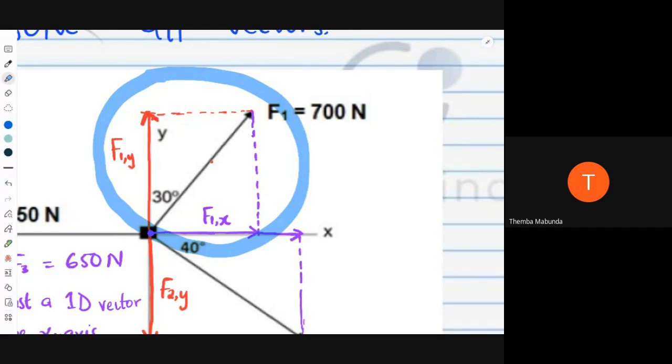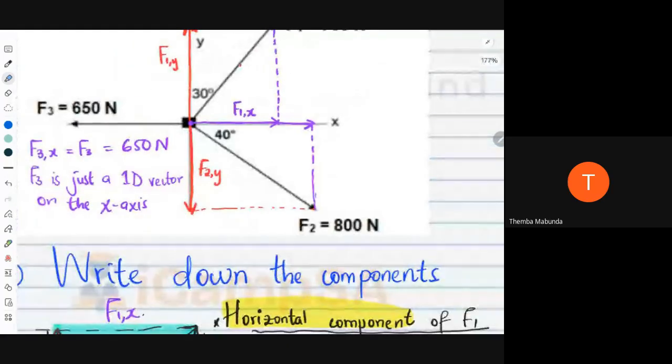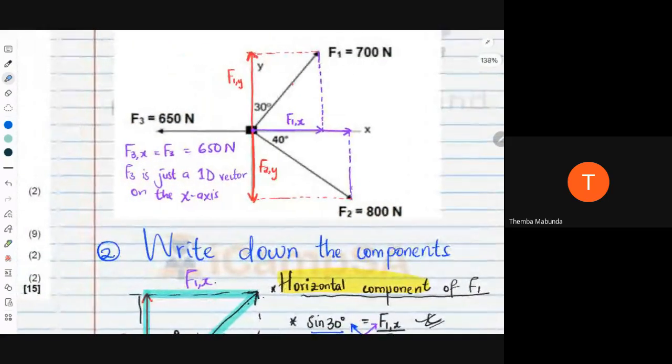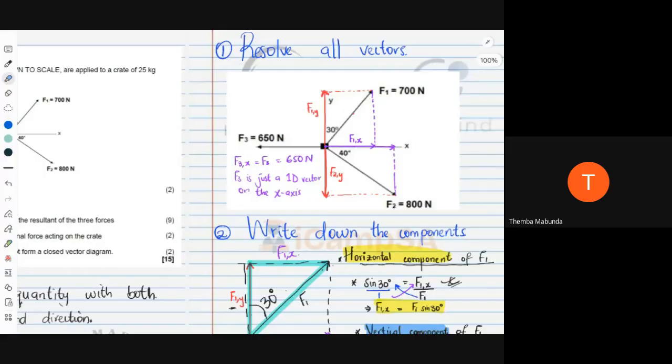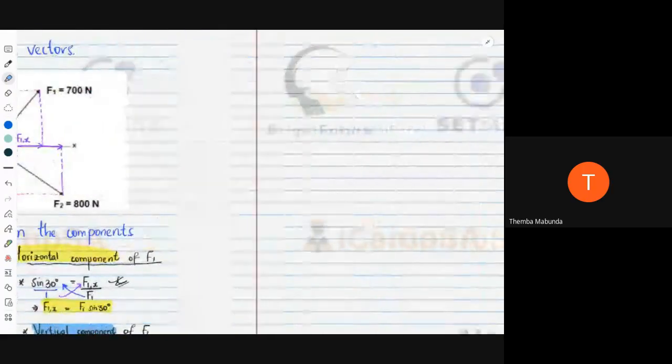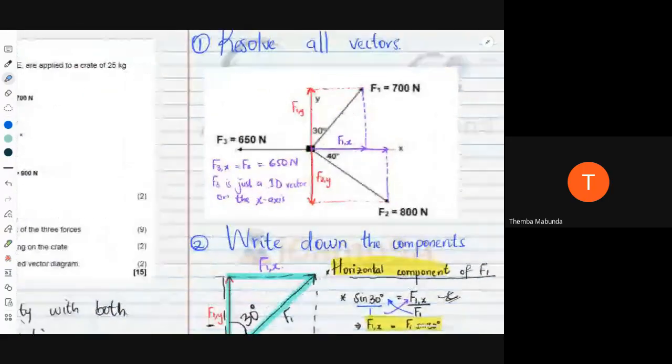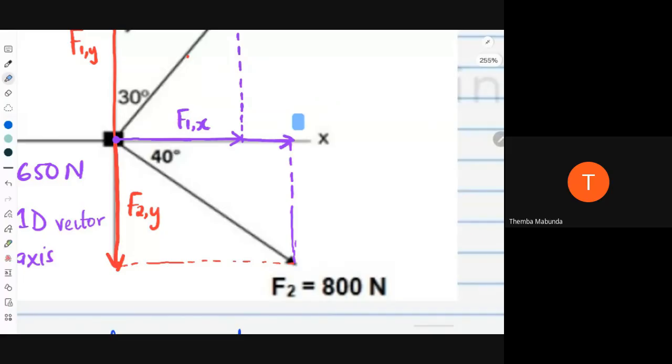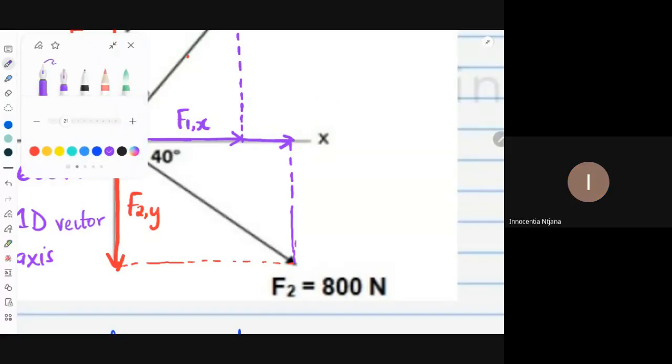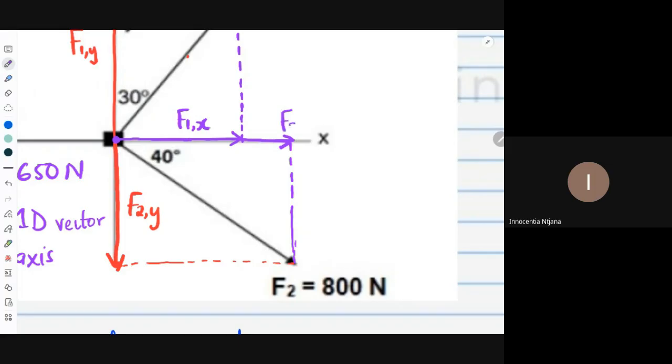That's what we are trying to achieve in essence. Okay, so now let's find the components of F2. See this? I forgot to write F2x here. All right, so let's do it.